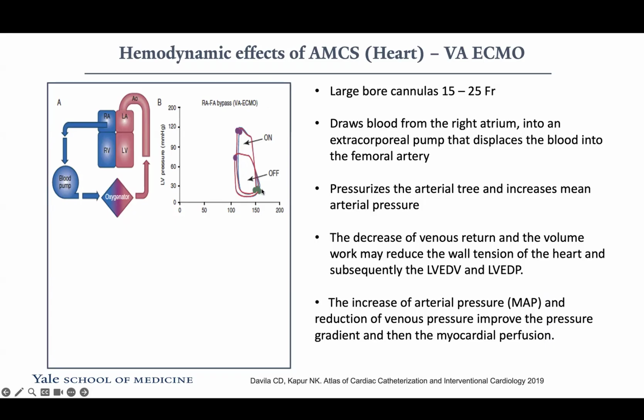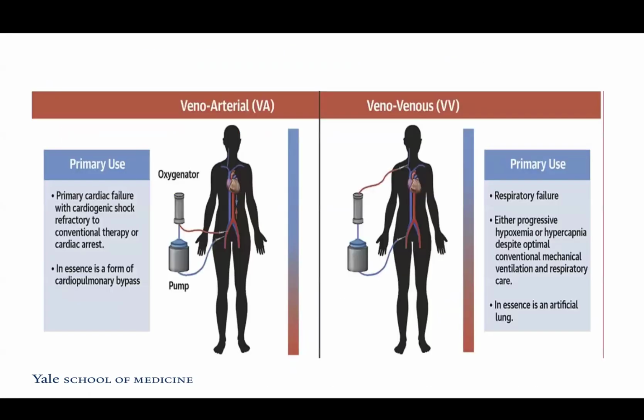So the circuit is off, and then as soon as you turn it on, there is a significant increase in your afterload. That's very important for management of these devices. VA versus VV: VA bypasses both the heart and the lungs, VV bypasses the lungs only, so it's venous.